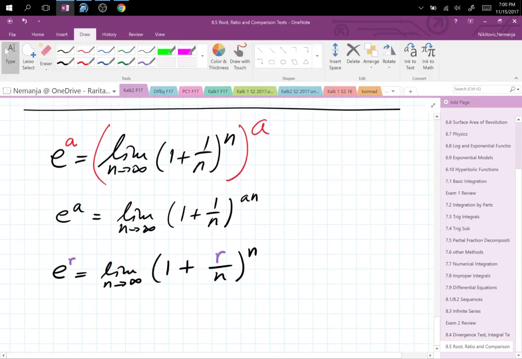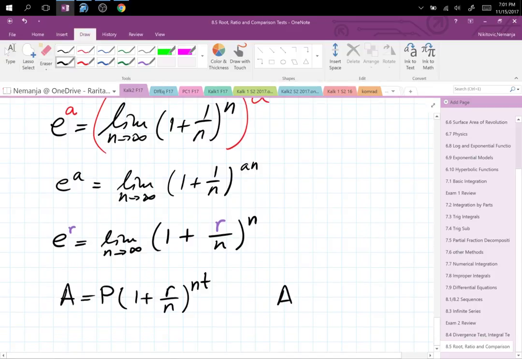Now, do you know something from pre-calculus where you have actually seen this at work? And the answer is, hell yes. Remember your compounding formula for loans and stuff? The amount is equal to the principal times 1 plus r over n to the nt. And then you had the continuous compounding, A equals Pe^(rt).